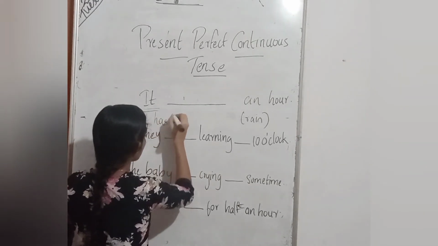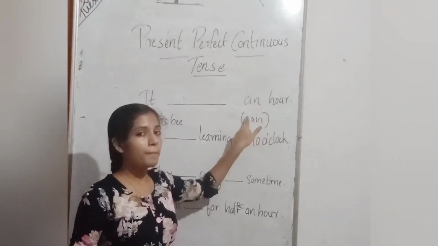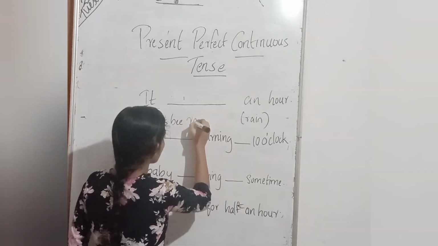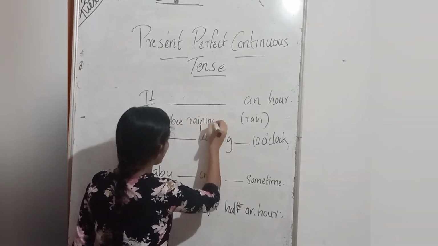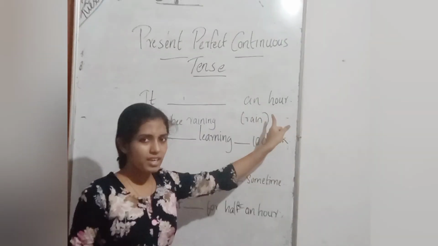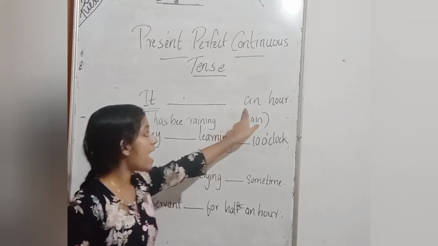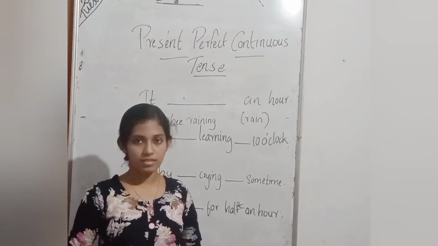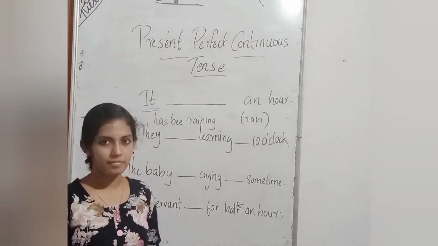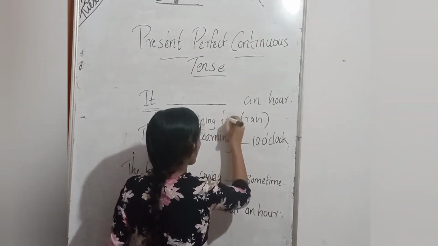Present participle form of rain. Raining. It has been raining an hour. Is it correct? No, we have to use since or for. An hour. It is a period of time. So, it has been raining for an hour.